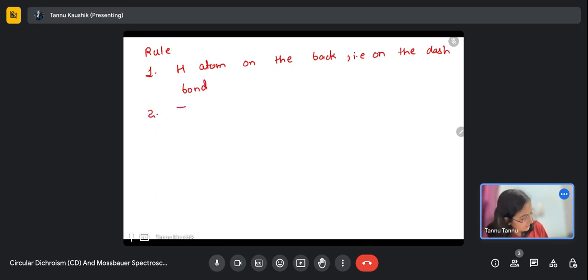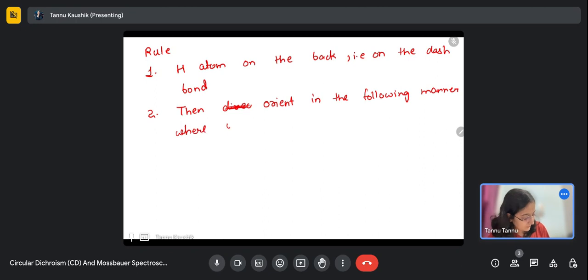Second, orient in the following manner, where you assign COOH as the first priority, then the R substituent as the second priority, and amine as the third priority.